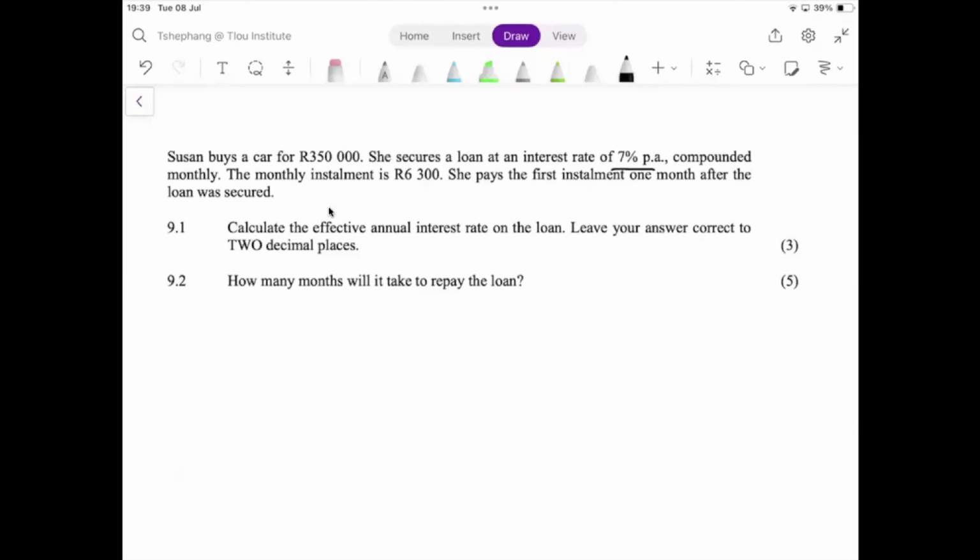She pays the first installment 1 month after the loan was secured. That's perfect. Usually when loans are granted, you only pay the next month. All right? Now, calculate the effective annual interest rate on the loan. Leave your answer correct to two decimal places.